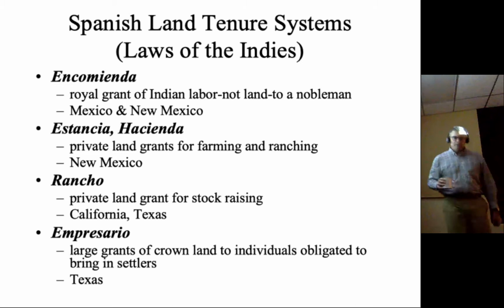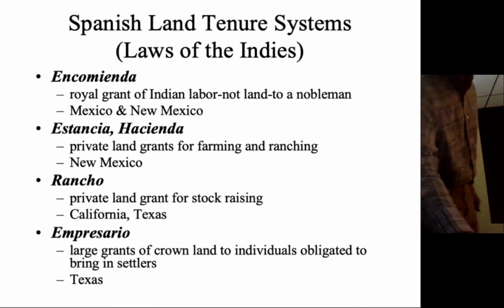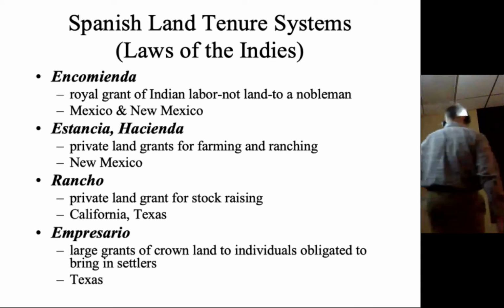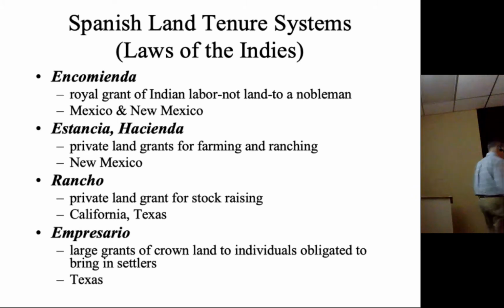And the encomienda system was generally a way for the crown, the government of Spain, the crown of Spain, to dole out rewards of land to retired military men for the most part.